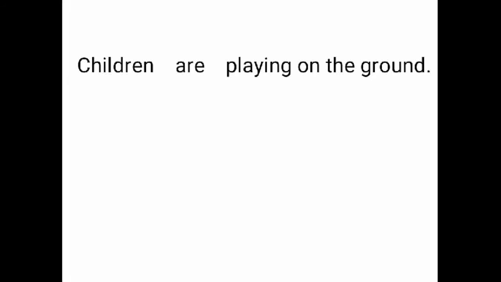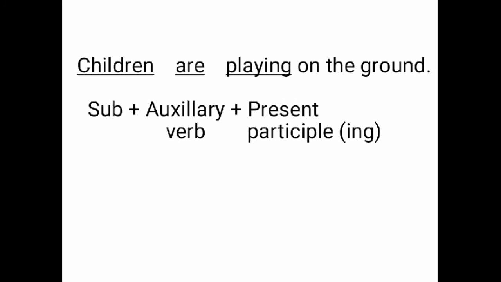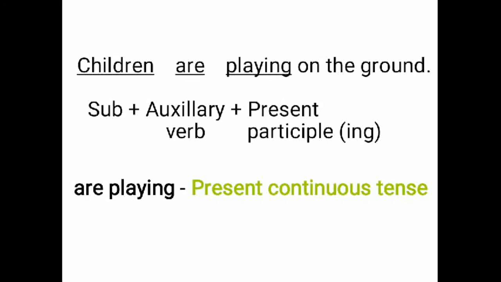Next, children are playing on the ground. You have subject plus auxiliary verb plus present participle ing to the main verb in this sentence. Are playing is the present continuous tense because the formula of present continuous tense is auxiliary verb plus present participle ing to the main verb.